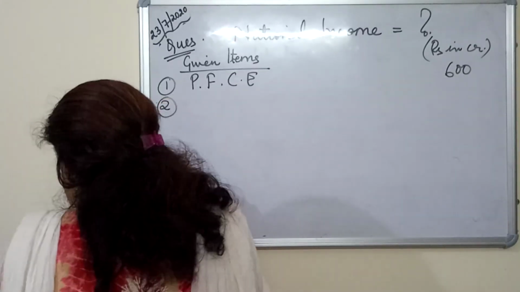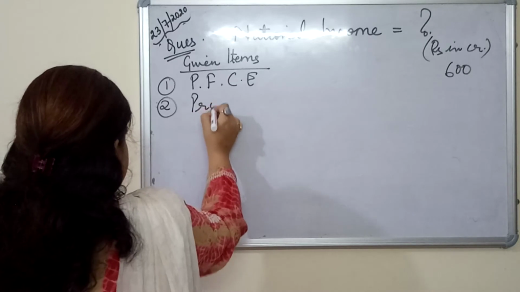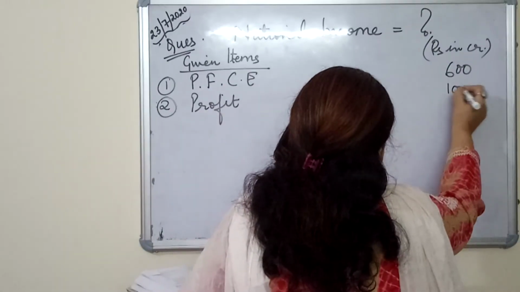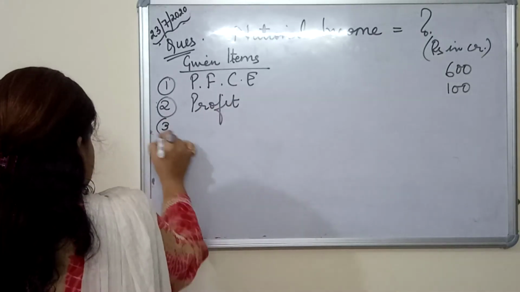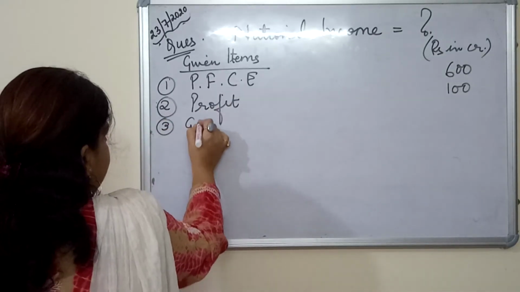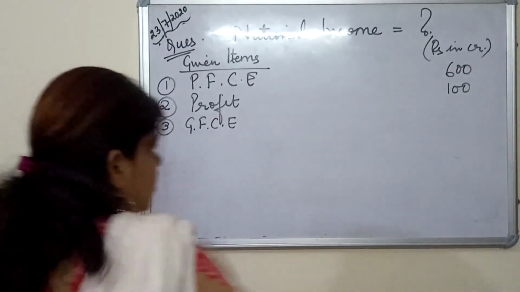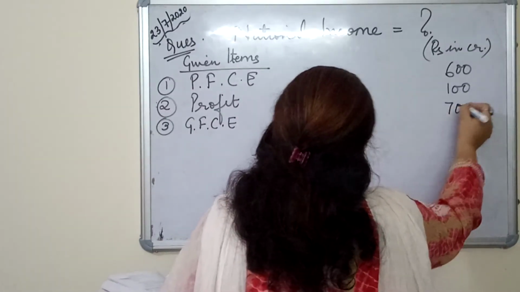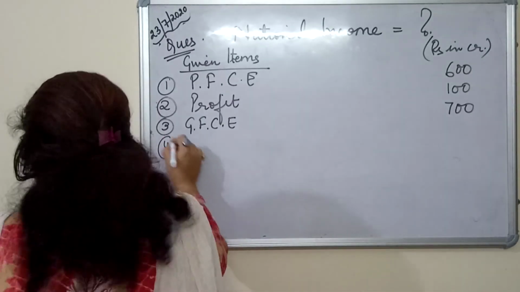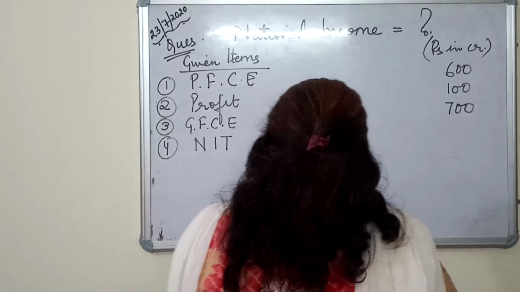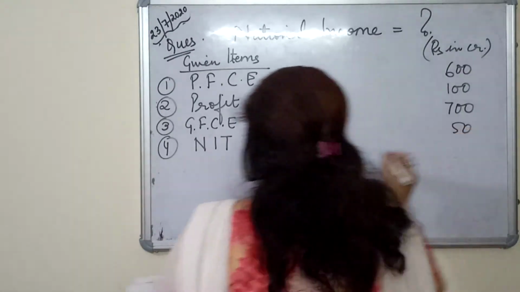Second thing is profit, which is 100. Third is government final consumption expenditure, which is 700. Fourth thing given in the question is NIT, that is 50.